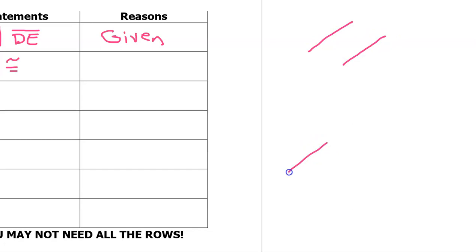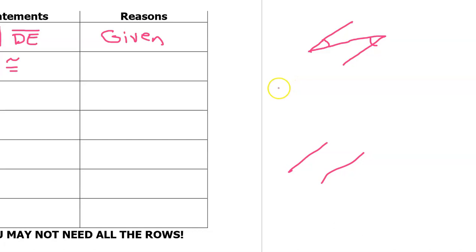So here's a pair of parallel lines, and here is another pair of parallel lines. It's all about the transversal. The transversal is the line that cuts across like this. If you have parallel lines cut by a transversal, if it forms a Z shape or an N shape, then the corners are congruent.